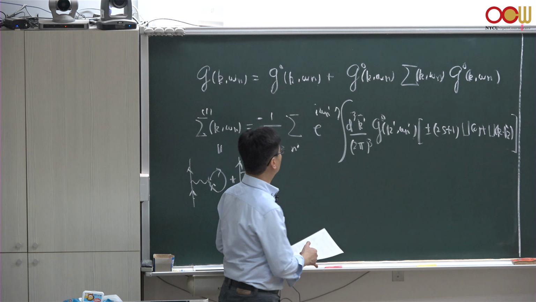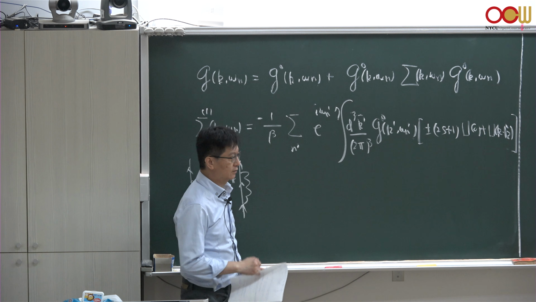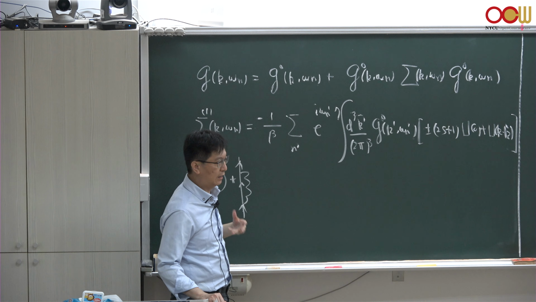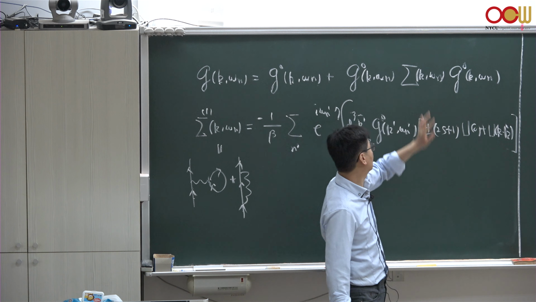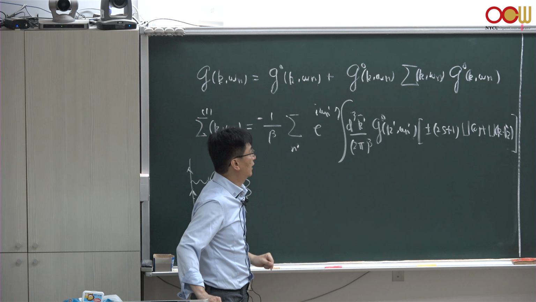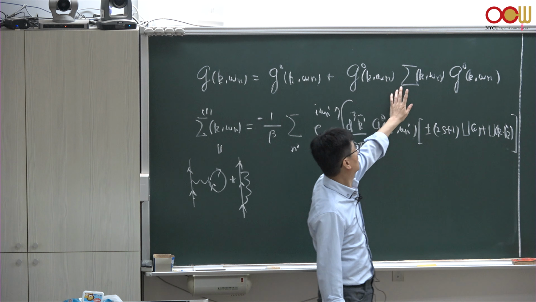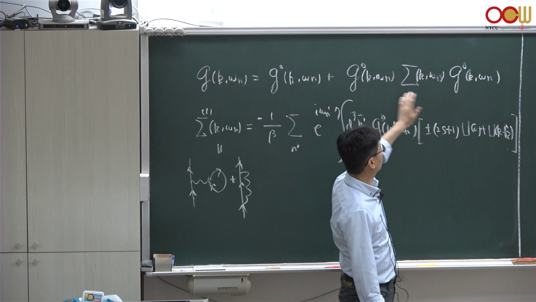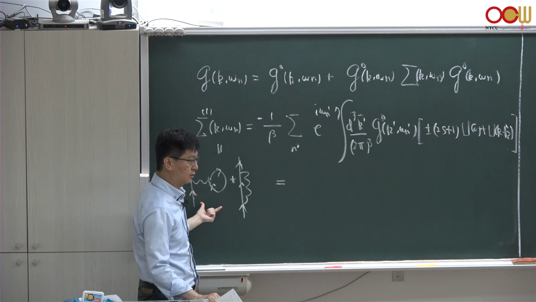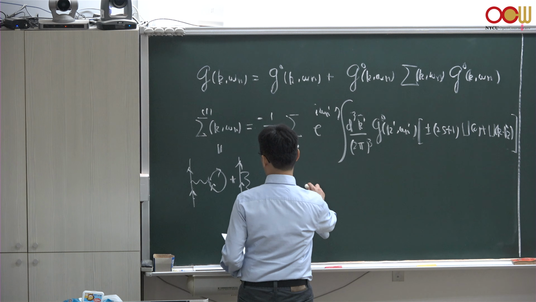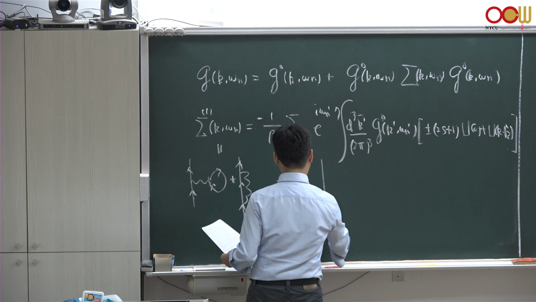Okay, so let's continue. We can rewrite this G(k, omega), and we define a quantity called the self-energy, capital Sigma, as a function of k and omega n, and we insert that capital Sigma in between the G0s. So for these first order contributions, there are two diagrams. You can consider this as just some black box.